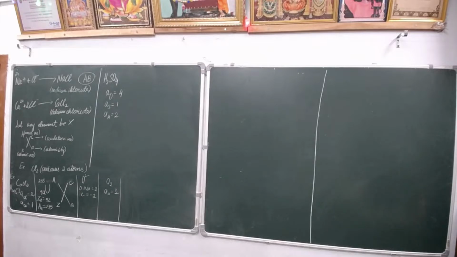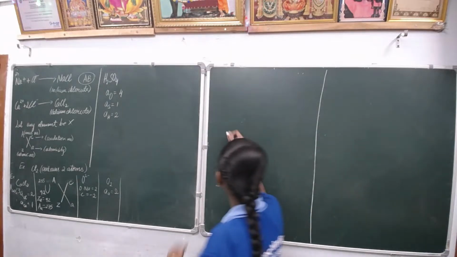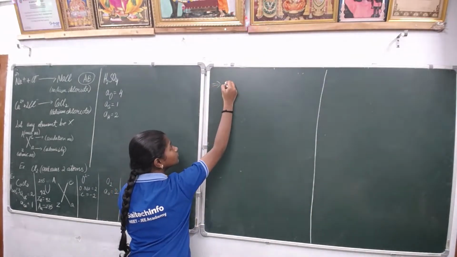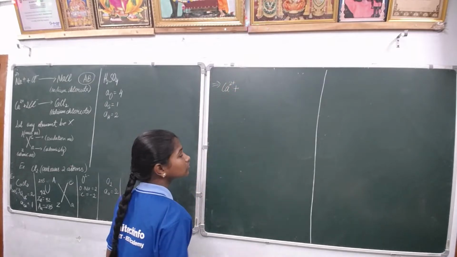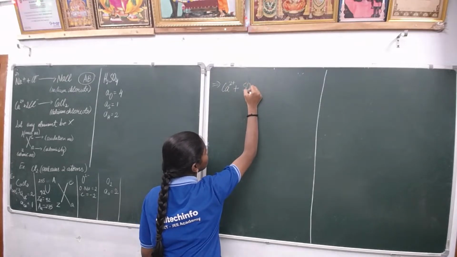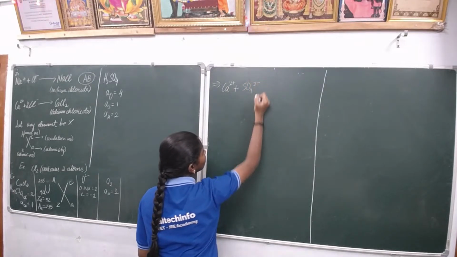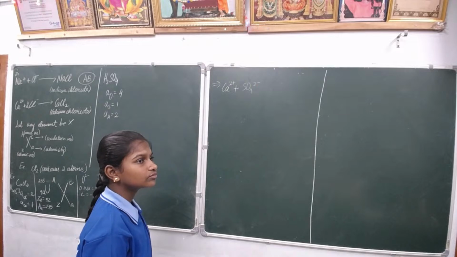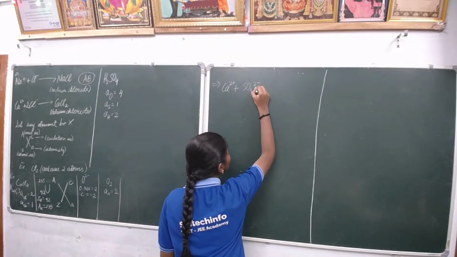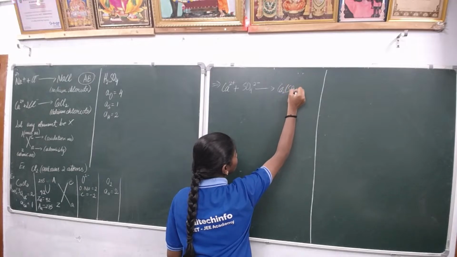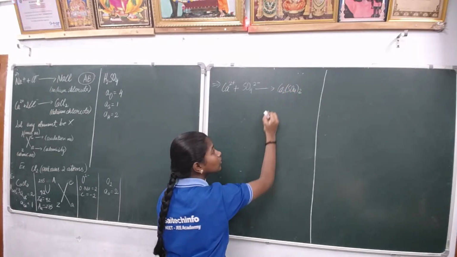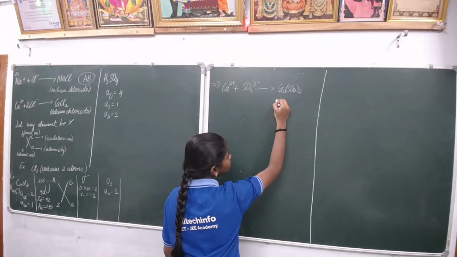Let us combine Ca2+ and SO4 2-. In both the cases, it is 2 plus and 2 minus, so you can straight away write this as Ca2SO4 twice, which is nothing but CaSO4, calcium sulfate, because 2 can be cancelled.